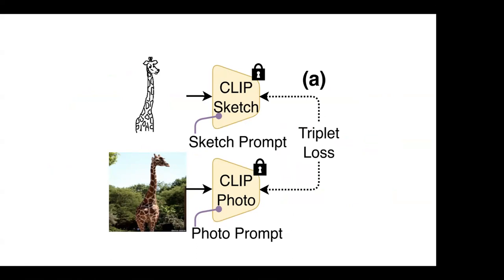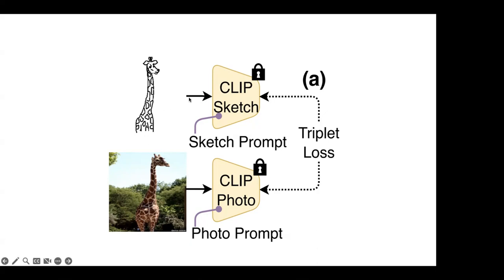For prompt learning, a set of learnable vectors for sketch and for photo are injected in the first layer of CLIP to learn the downstream sketch and photo distribution. Prompting CLIP preserves the desired generalization ability, since the knowledge learned by CLIP is distilled into the prompt weights, and the ViT is kept frozen at this time.